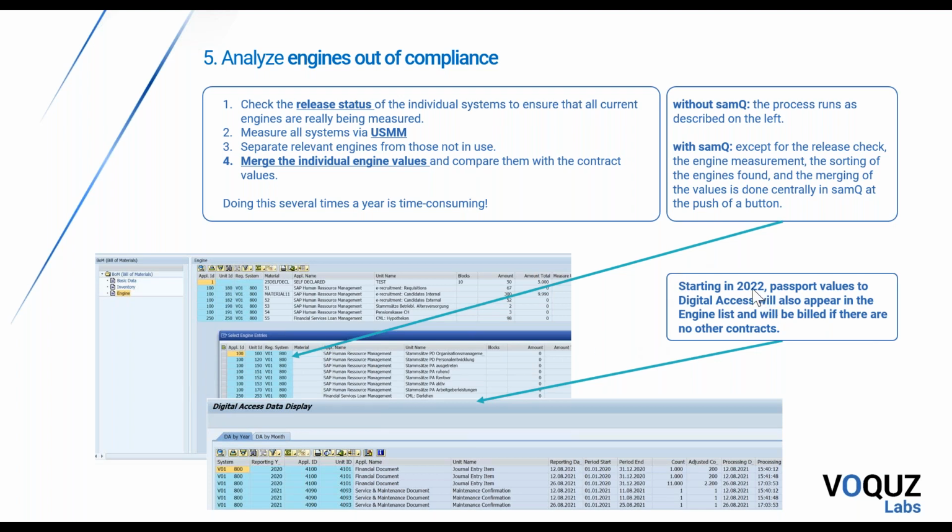Starting in 2022, passport values for digital access will also appear in the engine list and will be billed if there are no other contracts. Passport is the new way of measuring, or I'd rather say estimating, digital access by SAP. It is better than the digital access estimation report, no question.